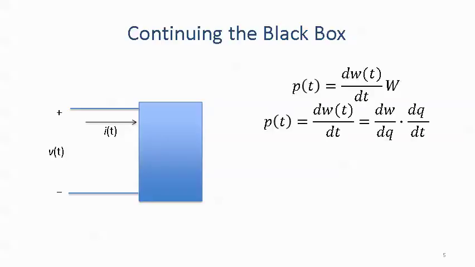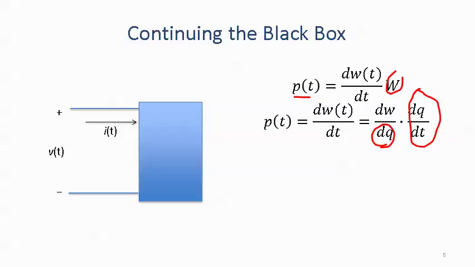In this situation, we have the power, P of t, is equal to the electrical potential energy, W of t, with respect to time, and that's measured in watts. So this electrical potential energy with respect to the derivative of t, we've already seen as a two-part process, because it's the derivative of the electrical potential energy with respect to the charge times the charge with respect to time.